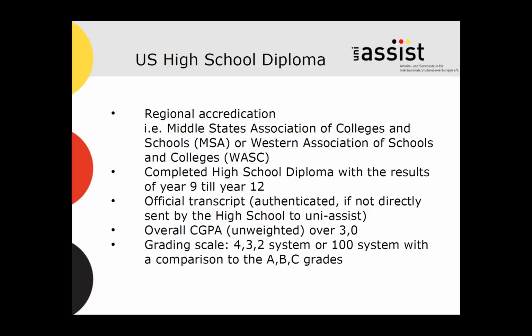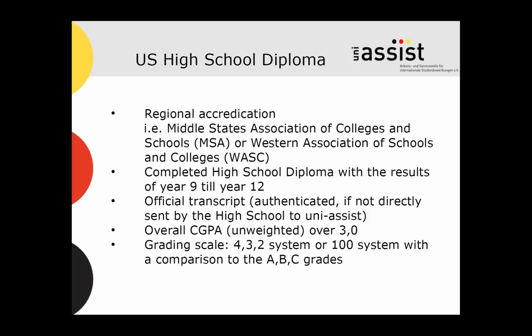The transcript must be officially authenticated, or it is also possible that it will be sent to us directly from the high school. Be careful that it is the official version, the last version of your transcript, and not an unofficial version.